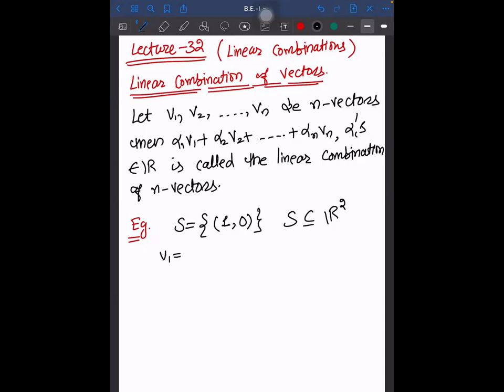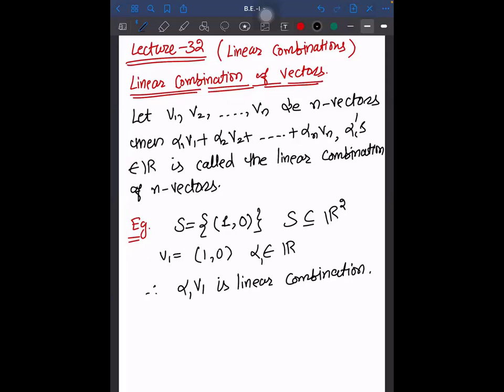And let's say I have chosen some alpha belonging to R. Then alpha V1, or you may call it alpha 1 V1 for better notation, is a linear combination. Now, can anybody tell me what alpha 1 V1 means?